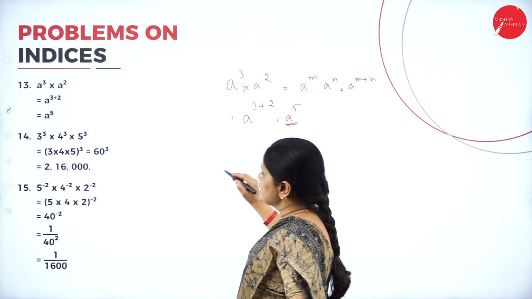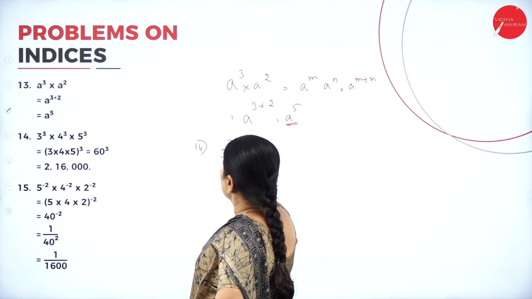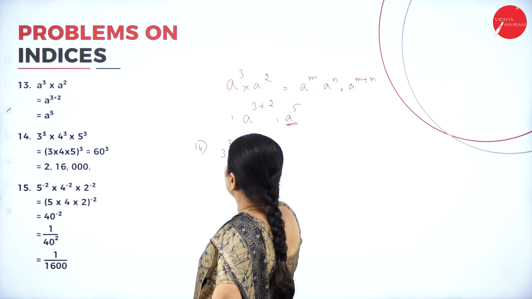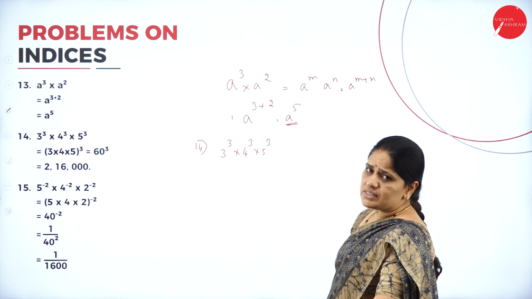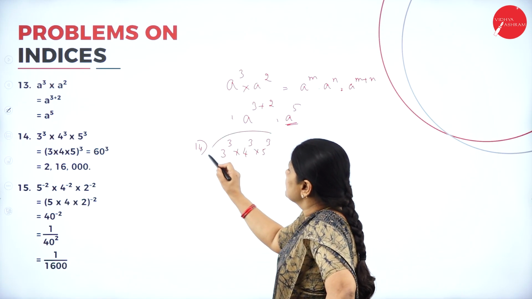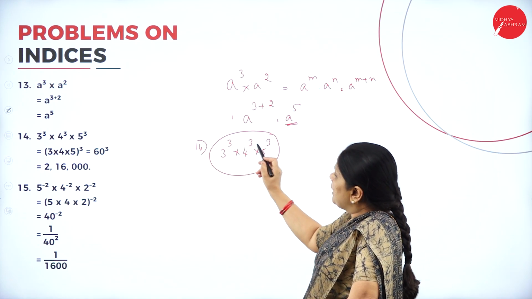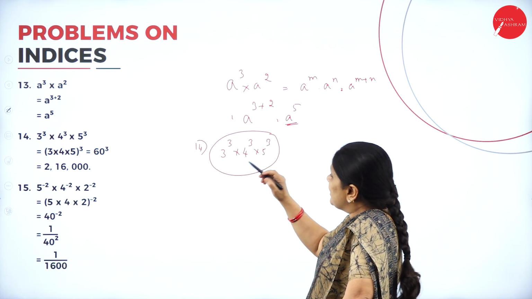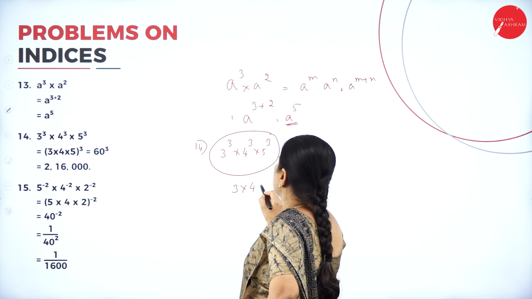Now, the next question, that is the 14th question, 3 cube into 4 cube into 5 cube. Now, what is the one significant aspect of this expression? All the powers are the same. So, when the powers are the same, we can safely multiply the bases.